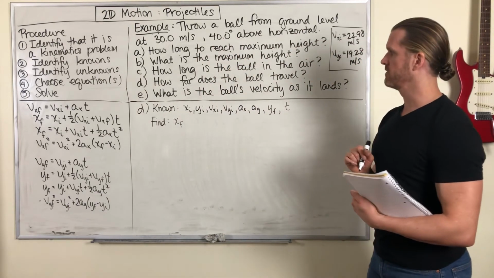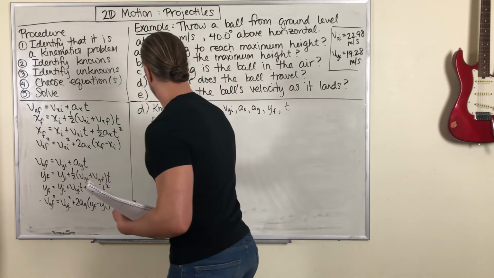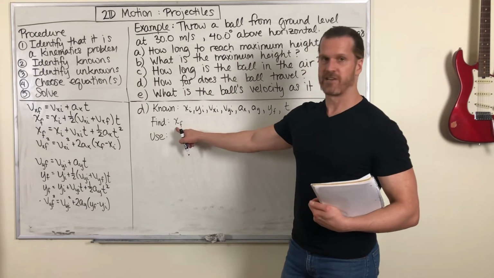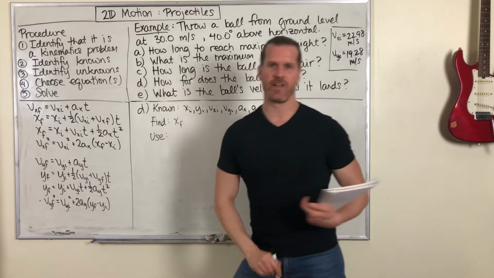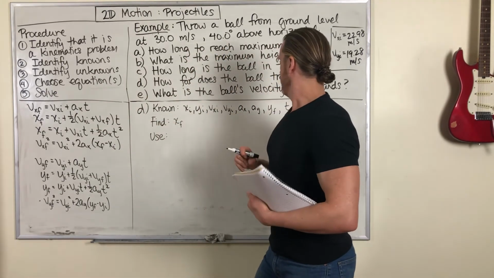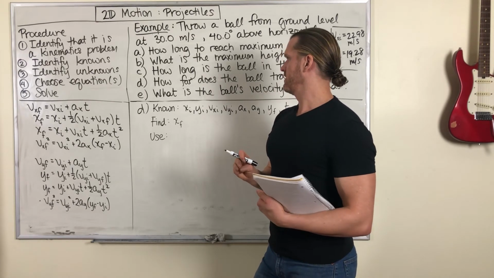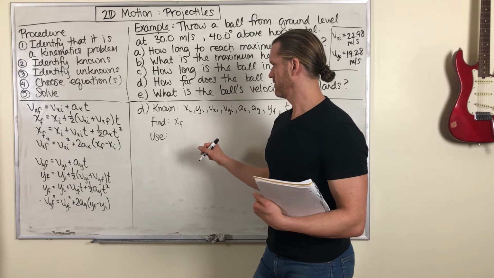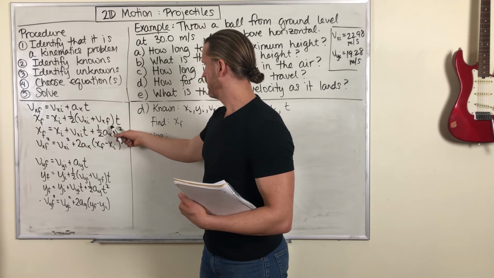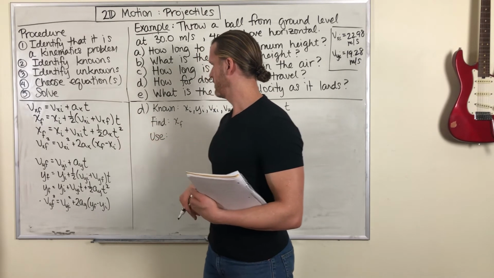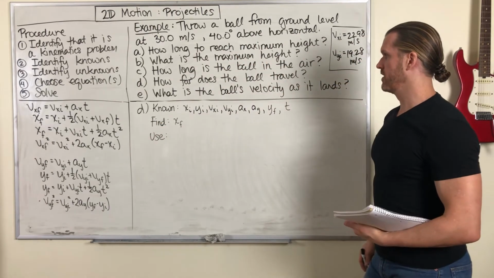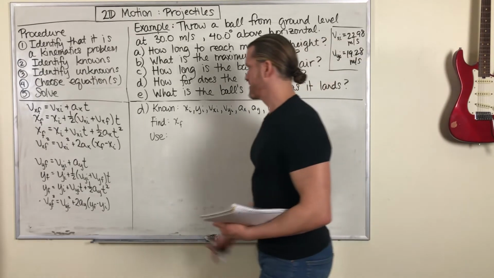How far does the ball travel? X final is what we want. So we need to choose the right equation to use. Since we're looking for x final, none of these y equations do us any good. We just need to look at the x equations. The first one doesn't help, but any of these three will work. So let's do the third one.